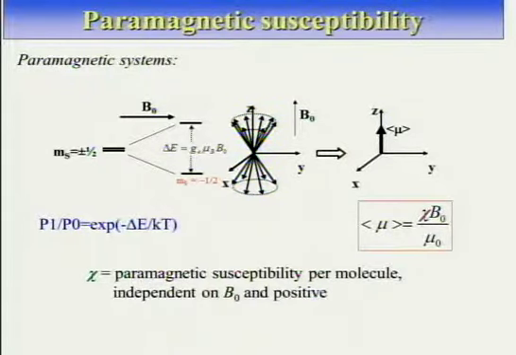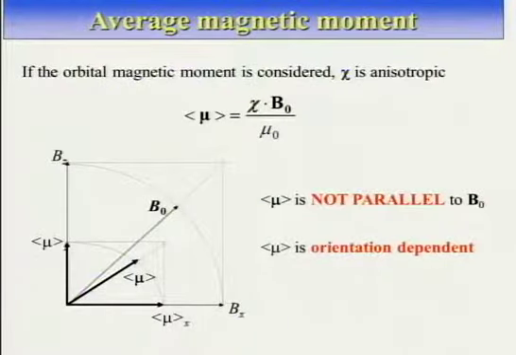So it basically takes into account the splitting in energy between spin levels that you obtain when you apply a given magnetic field. You get polarization along the z-axis, the magnetic field axis, and the proportionality constant is chi divided by mu 0. So chi tells you how much electron magnetic moment you obtain given the magnetic field.